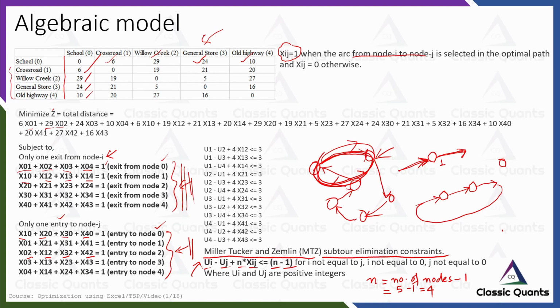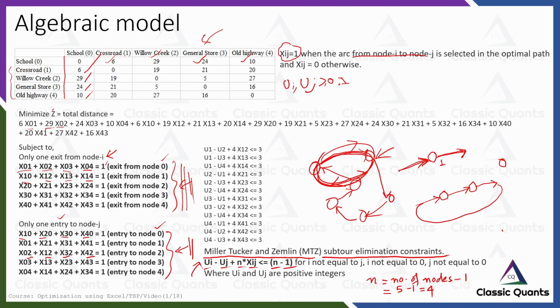And what are ui and uj? These are another set of decision variables, which are not only greater than or equal to 0 but also integers. So ui and uj are positive integers which are decision variables also.